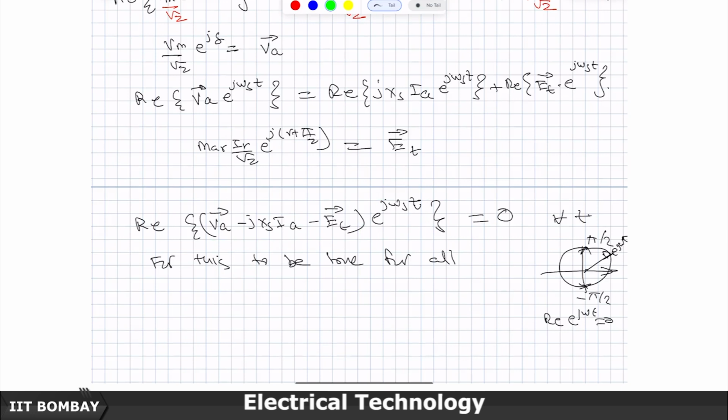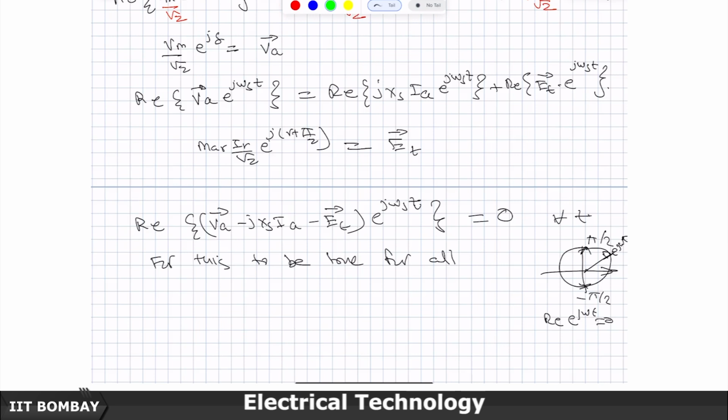So, this is a grand statement, it is a much bigger statement, and this is only possible if this whole term goes to 0. If it does not go to 0, then I can simplify it and find out a particular position where it will not be 0. I will leave this for you to do as a homework.